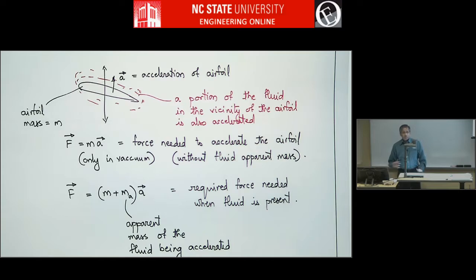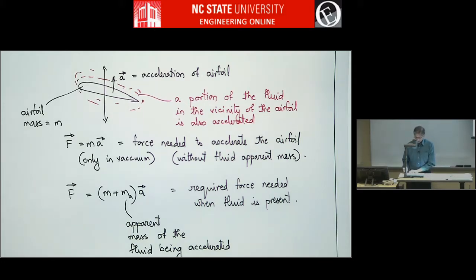So in all these situations where you have an airfoil that is plunging sinusoidally or in some other form, or pitching or something, those motions all have accelerations. So the force is not just due to acceleration of the body but acceleration of the fluid, and there are ways to calculate apparent mass for different shapes of objects.